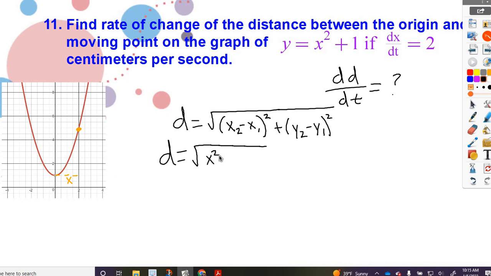That's nice. However, do I want to put in a y there? Not really, 'cause they don't give us any information about dy dt, so if I took the derivative, I wouldn't have anything to plug in for that. So what we want to do instead is plug in the information that they give us for y. So x squared plus 1 squared.